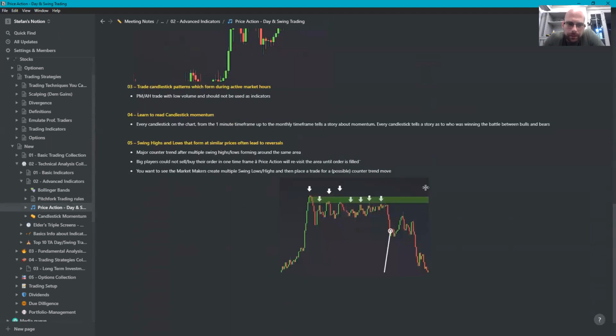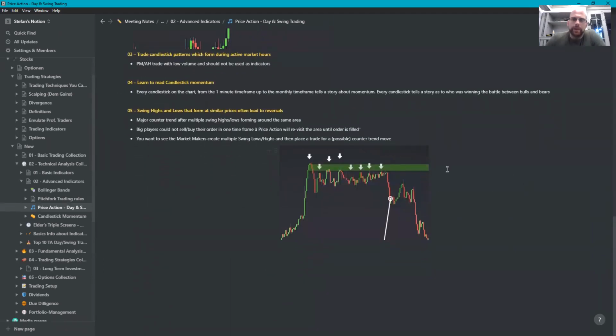And when you have a lot of swing highs and swing lows, that may also indicate a counter trend. The reason behind it: when you have identified such a zone and it's retested multiple times, behind the scenes, in that case, a bearish big guy or several market makers couldn't sell all of their shares at this touch point and this touch point. So they need to move the price several times inside their area to sell more shares.